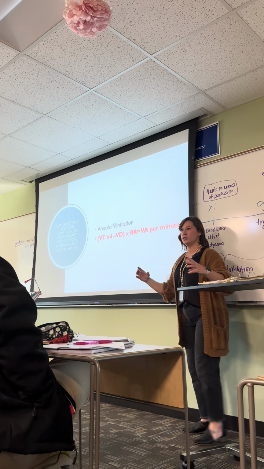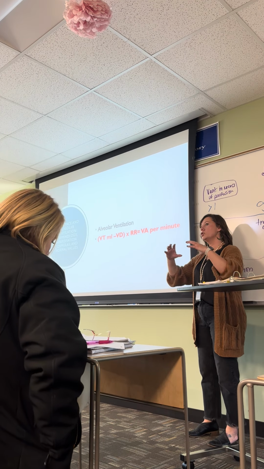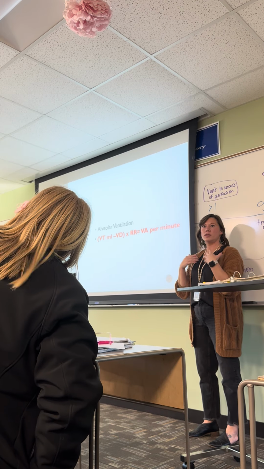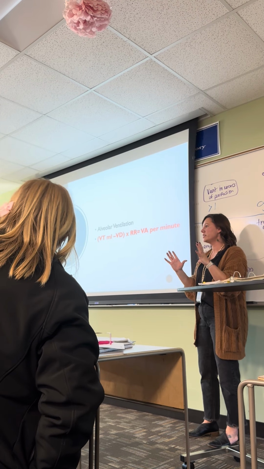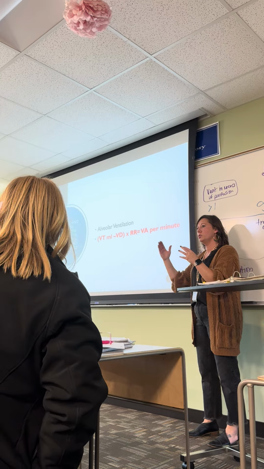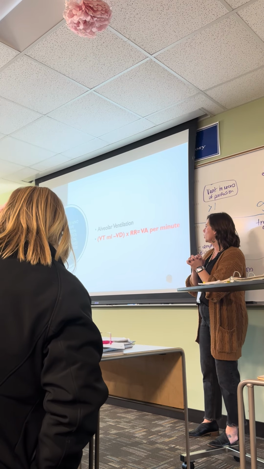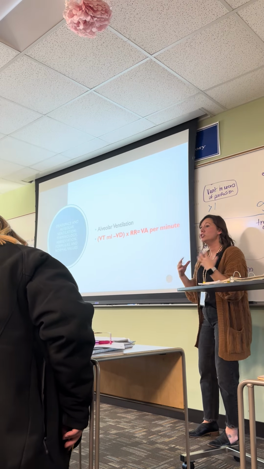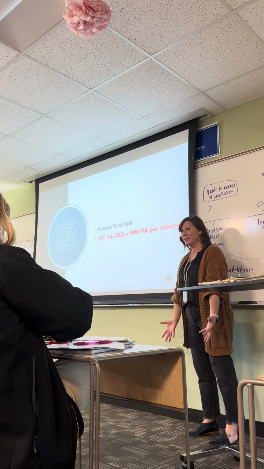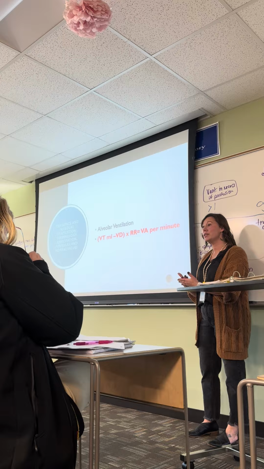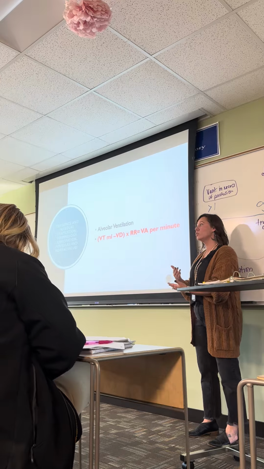Don't put all of this into your calculator, okay? Everything in the parentheses goes first, and then you multiply it by your respiratory rate. That tells us how much of that ventilation is actually getting down to the alveoli, and that's per minute because we're multiplying it by the respiratory rate.